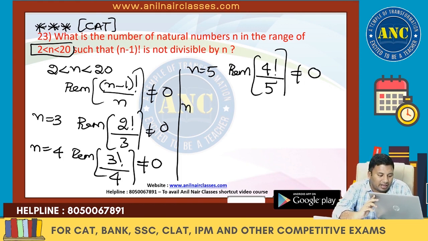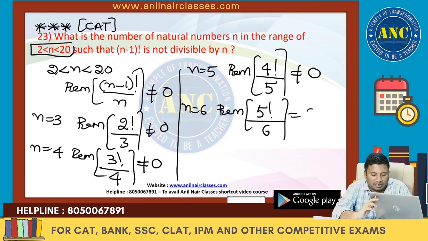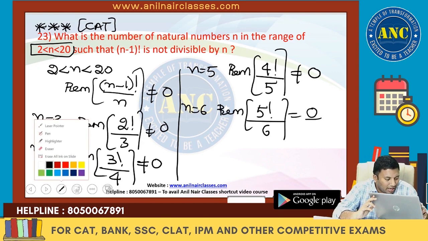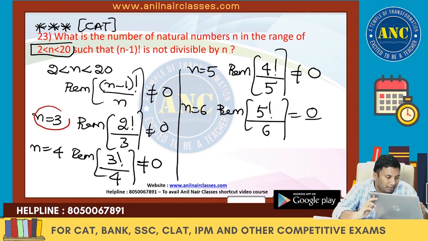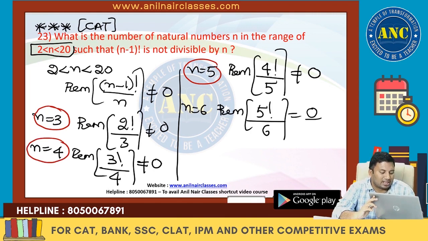Right? If I take n value 6, 6 minus 1 is 5 factorial divided by 6. 120 by 6, remainder 0. That means what I got is: 3 is a prime number, 5 is a prime number, and 4 is an exception.